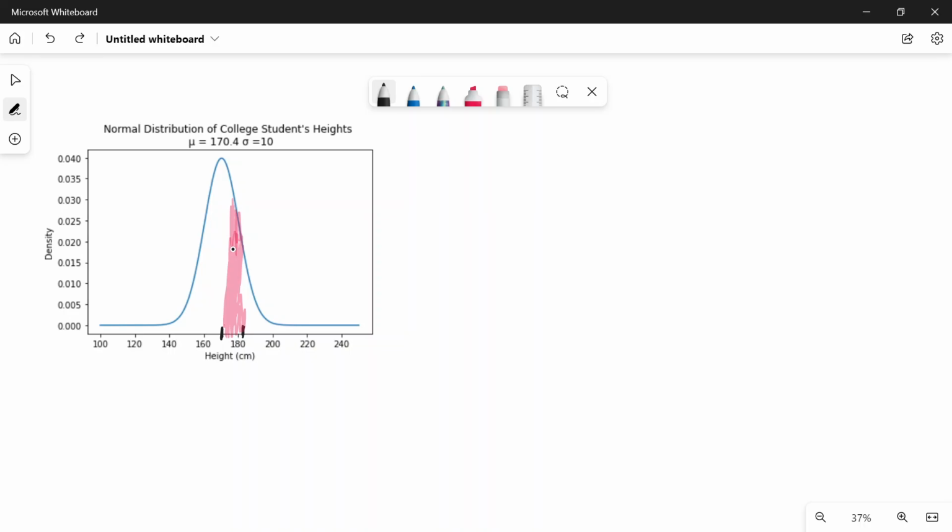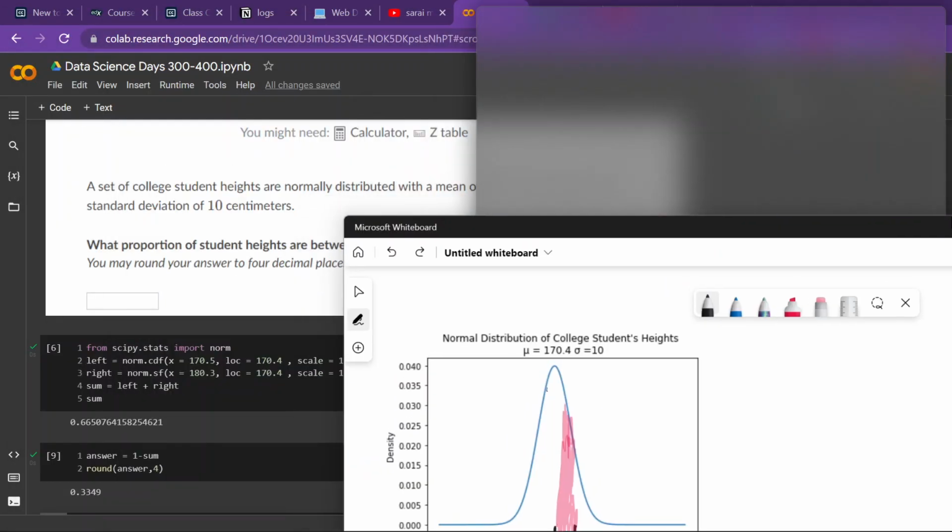So what I was thinking is, if the sum of the area under this curve is equal to 1, then I could get the area to the left of this point, and then the area to the right of this point, add those together, and subtract that answer from 1, and that's going to give me the pink area. And that's exactly what I did.